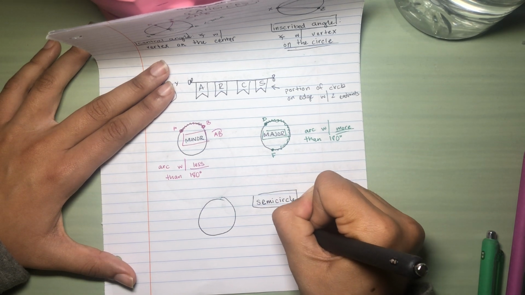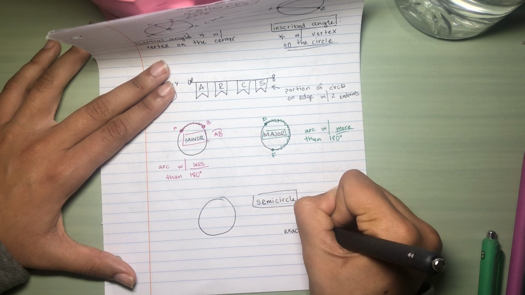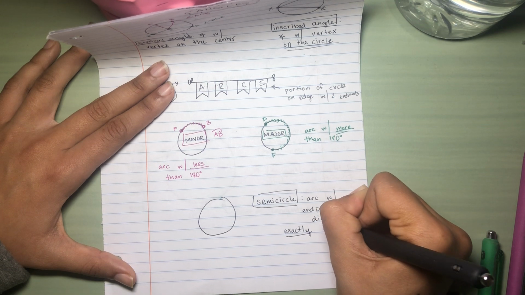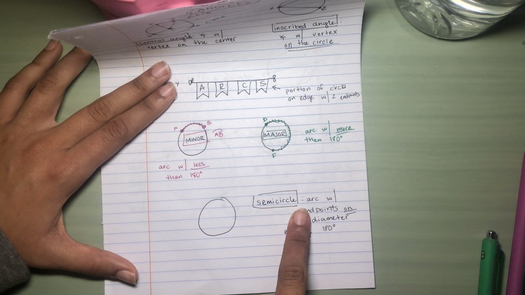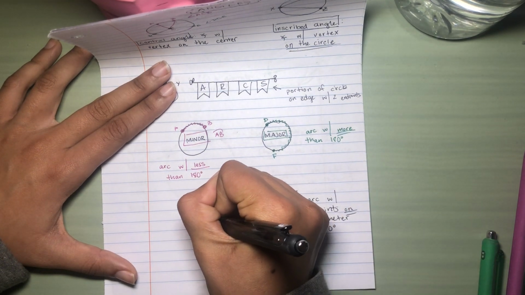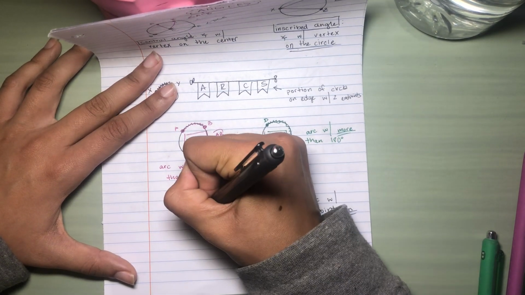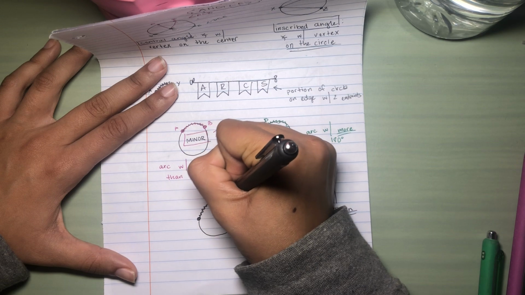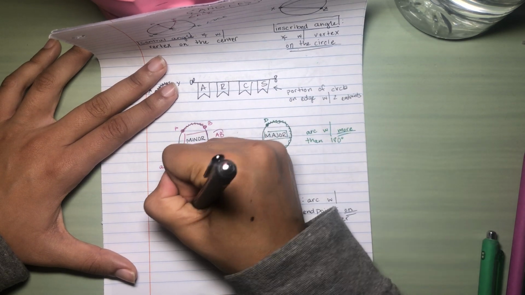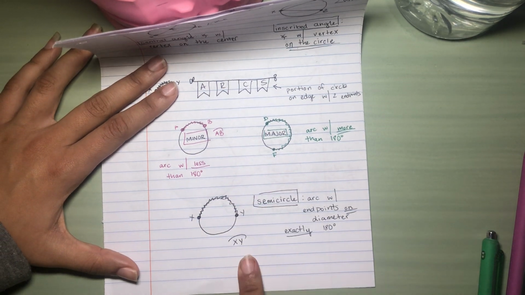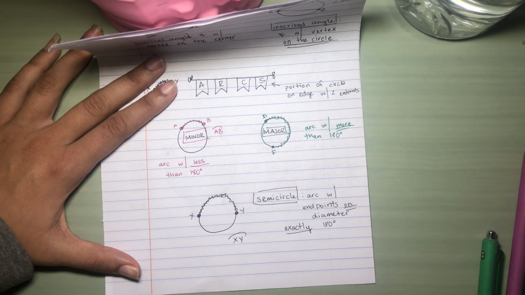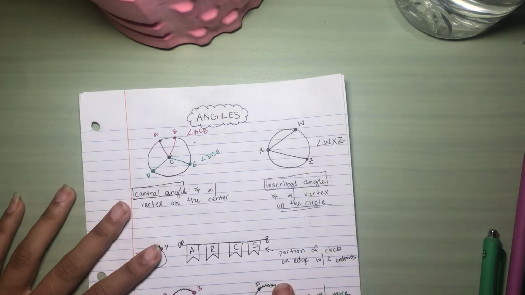This means that it's exactly 180 degrees. So minor is less than, major is more than, semicircle is exactly. That means it's going to be perfectly like this. Little arc hat. All right, that's it.